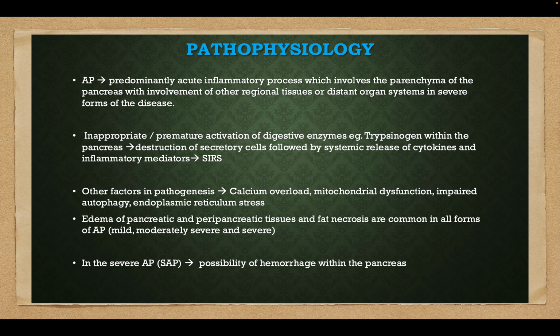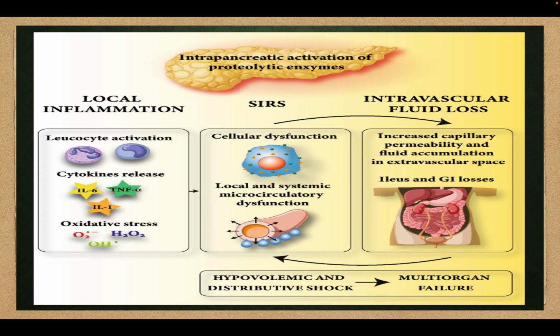Other factors in the pathogenesis are calcium overload, mitochondrial dysfunction, impaired autophagy, endoplasmic reticulum stress, edema of the pancreatic and peripancreatic tissues, and fat necrosis, which are common in all forms of acute pancreatitis. They can be either mild, moderate, or severe. In severe pancreatitis, there could be a possibility of hemorrhage within the pancreas. So, this is the pathophysiology as we should know.